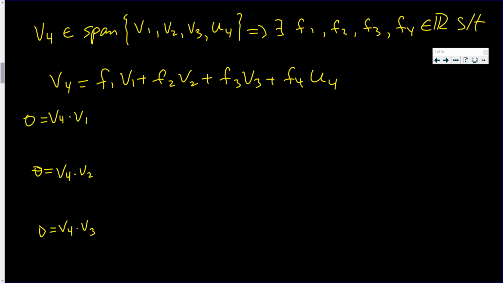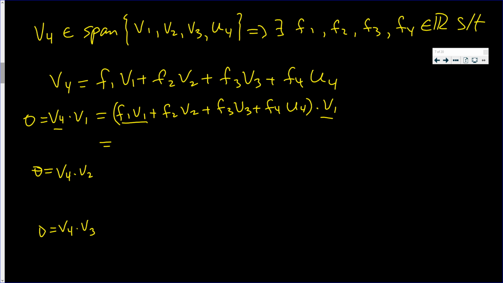Okay. Well, this is equal to V4, F1 V1 plus F2 V2 plus F sub 3 V3 plus F sub 4 U4. That's V4. Dotted with V1. Well, this dotted with that, that's going to be F1 times V1 dot V1 plus this dotted with that. V2 dotted with V1 is 0.